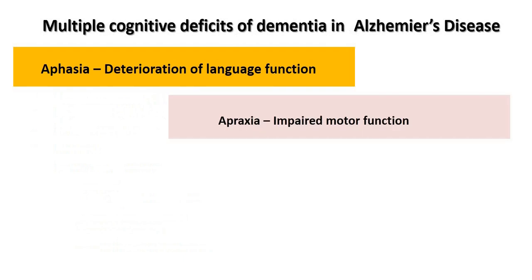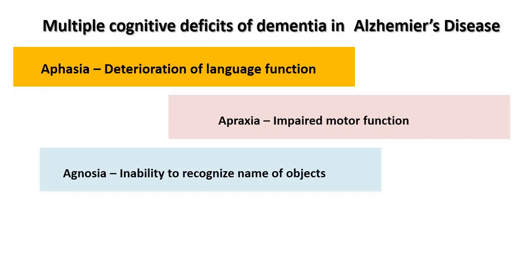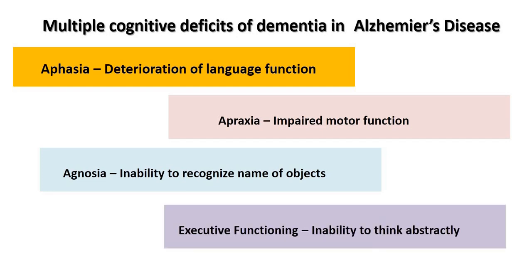Second, apraxia. Apraxia means impaired motor function. Third, agnosia. Agnosia is inability to recognize names of objects. Fourth, executive functioning, that is inability to think abstractly. So, creative as well as cognitive functions are lost since an Alzheimer's patient suffers from dementia.